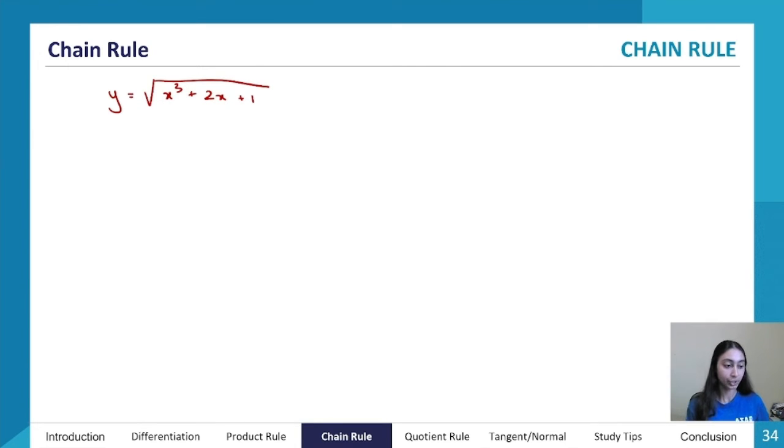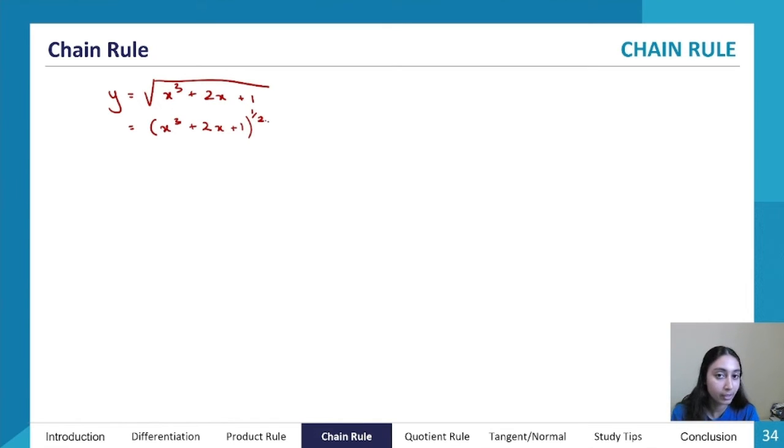Okay, shall we get started? I think yes. So I'm going to actually rewrite this. Most of you guys would know a little bit of your index laws from year 10. So this can be rewritten as x cubed plus 2x plus 1 all to the power of a half.